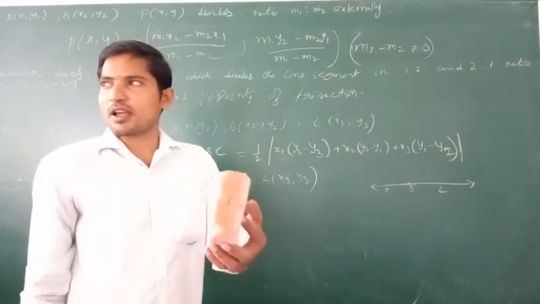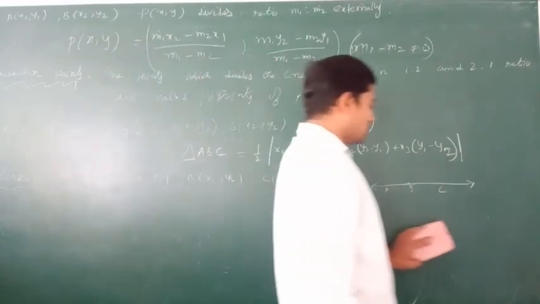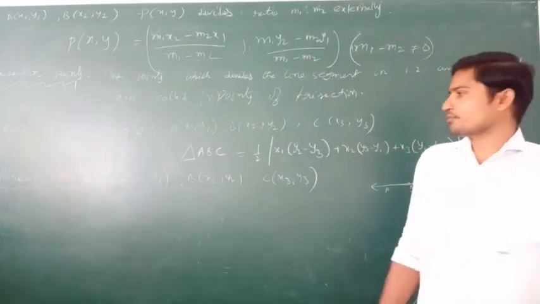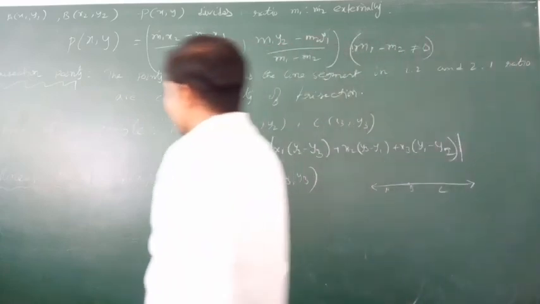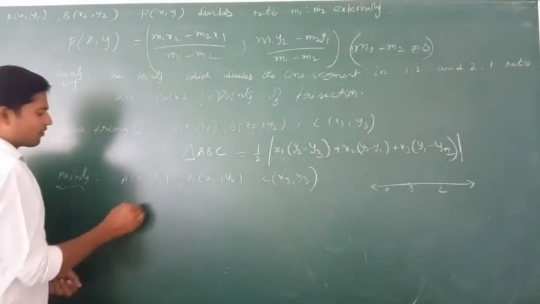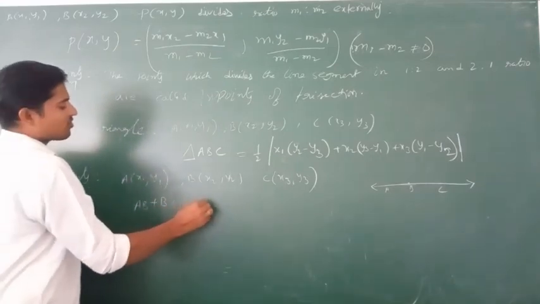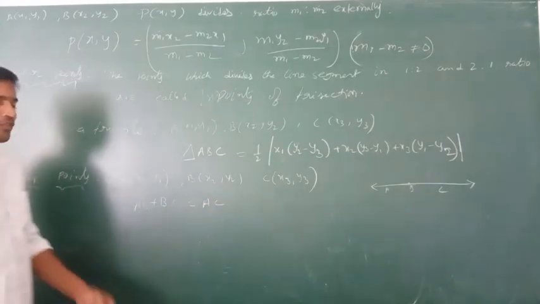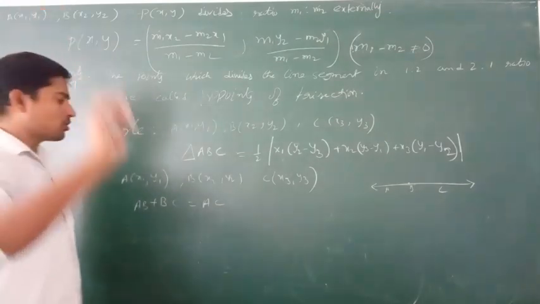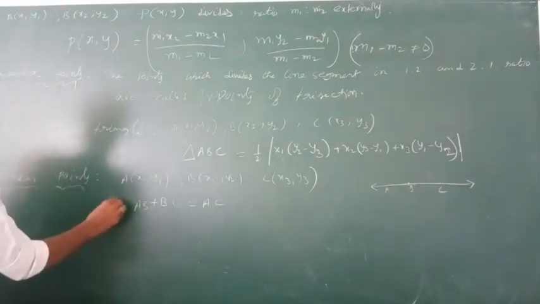Then we can decide those points are collinear. Otherwise, we have to verify AB plus BC equal to AC. If this condition holds, then also they are collinear.